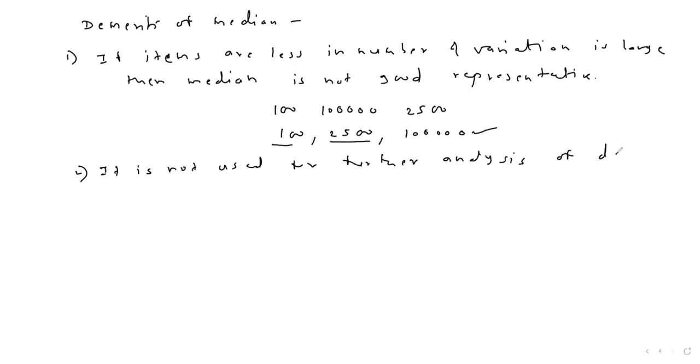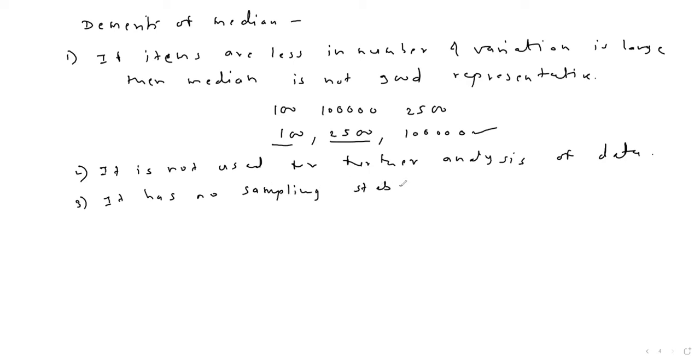That means in the next calculations, when we are calculating measures of dispersion or correlation and regression, in all the cases we are using mean, not the median, because mean is the best measure for measuring central tendency. We cannot use median. It has no sampling stability.